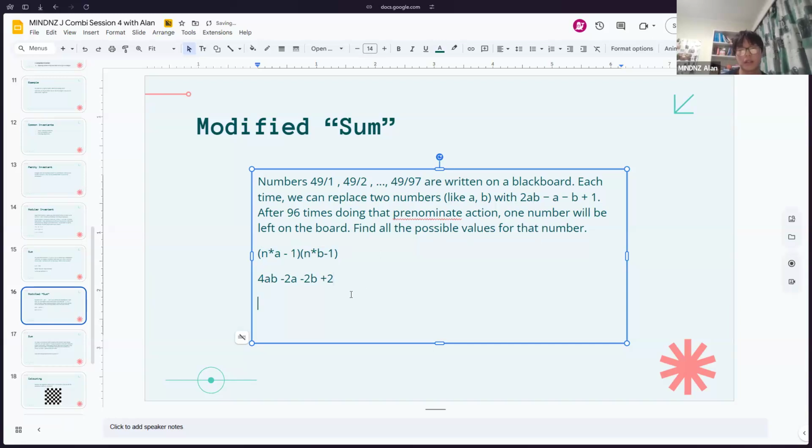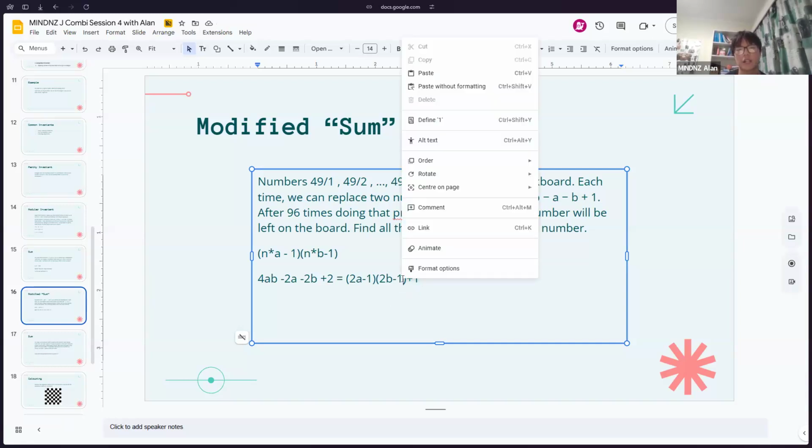And what is special about this expression? This is just 2a minus 1 times 2b minus 1 plus 1, right? But then we have a plus 1, and we have minus 1s inside the brackets.